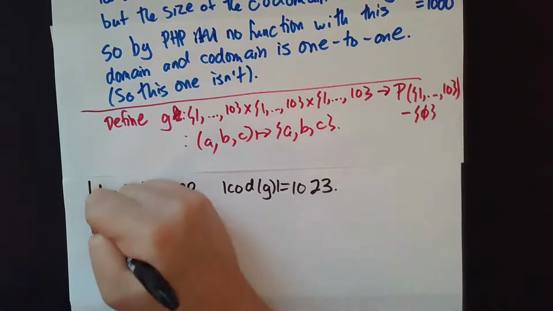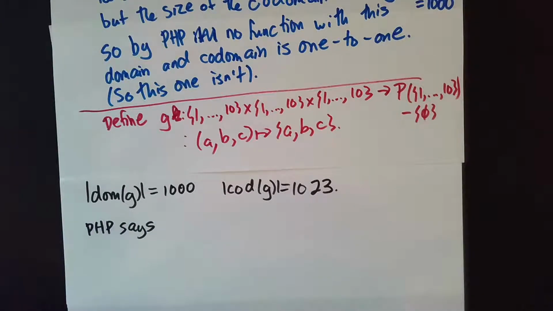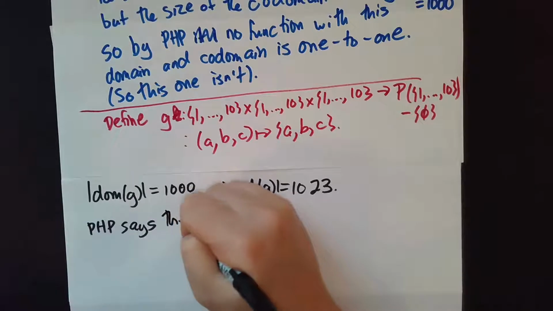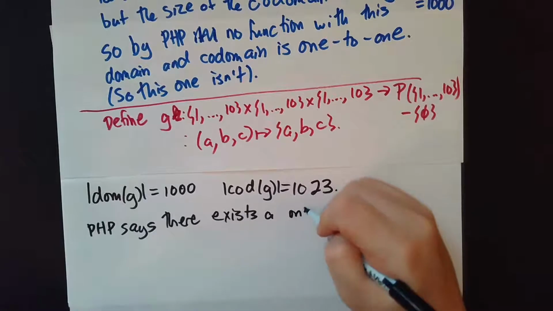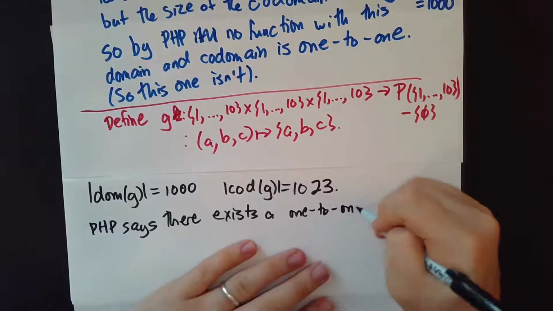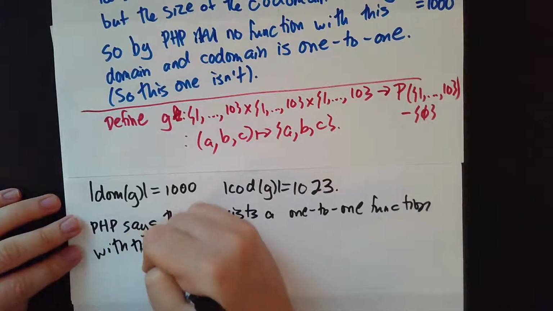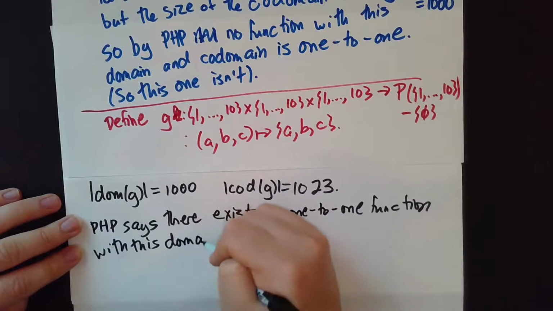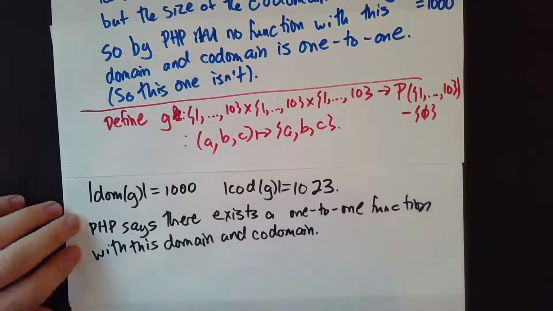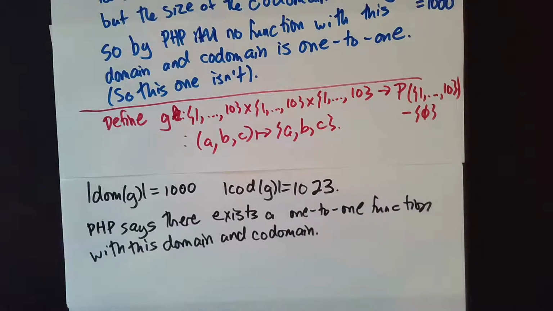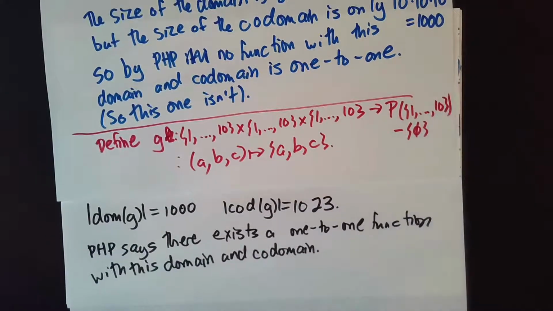So the Pigeonhole Principle says there exists a one-to-one function with this domain and this codomain. Now, what bearing does that have on whether this function is one-to-one or not?